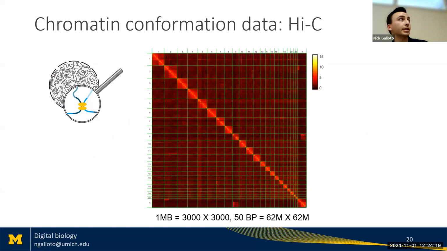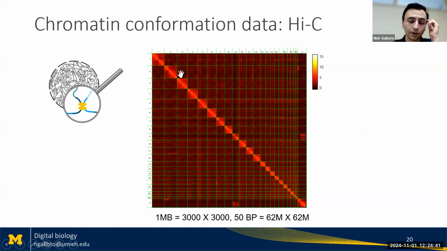Another type of data is chromatin conformation data. So if you remember how I talked about the transcription clusters or the transcription factories, where you have genes from different chromosomes that end up close to each other and producing different RNA molecules, this is what the Hi-C is capturing.